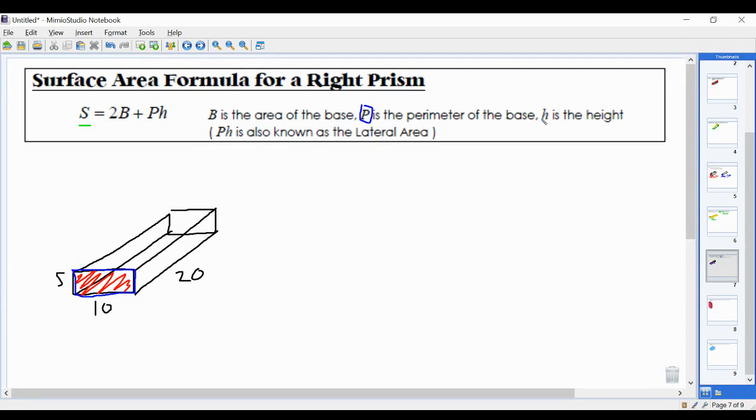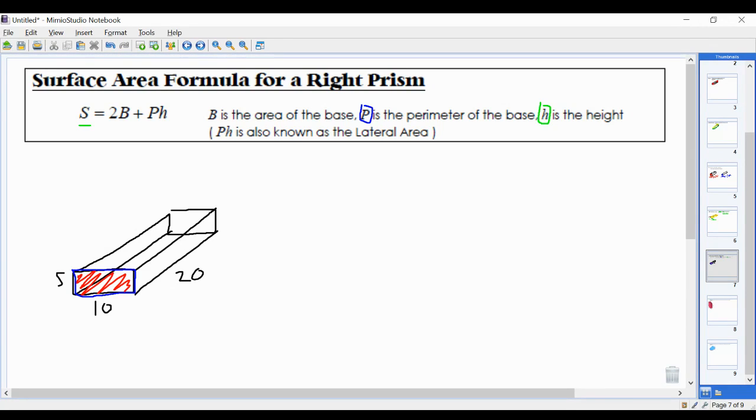And H is the height of the prism. So what's the height of the prism? Show that in green. H is the height of the prism, so it's the distance between the bases. So I showed our first base in red, our other base is on the back side.